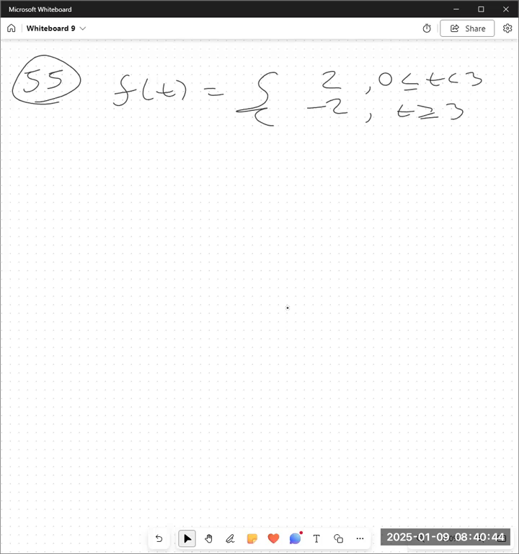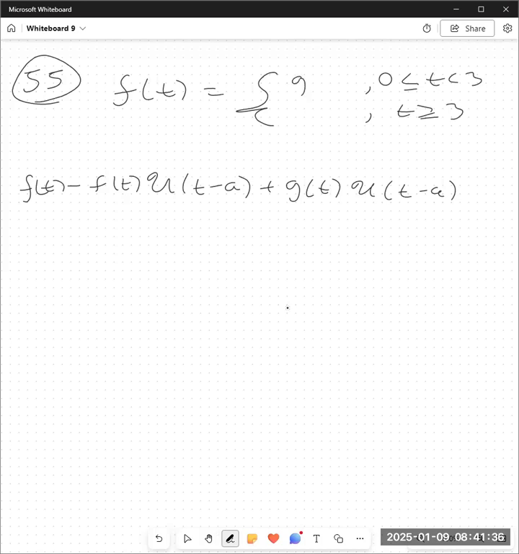So we have another rule that says that when I have a function like this that I want to find the Laplace transform of f of t, where f of t is piecewise defined, that's going to be my f of t minus f of t unit step function t minus a, where this is my a, plus my g of t u of t minus a, and this is for where it's just g.